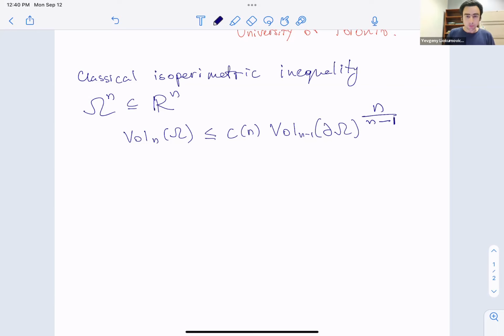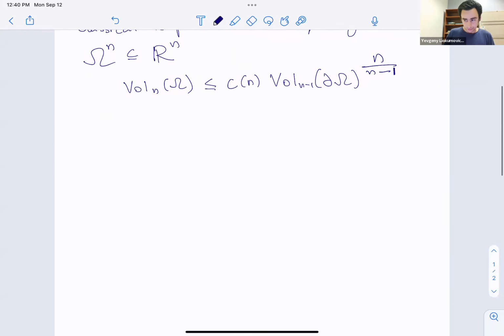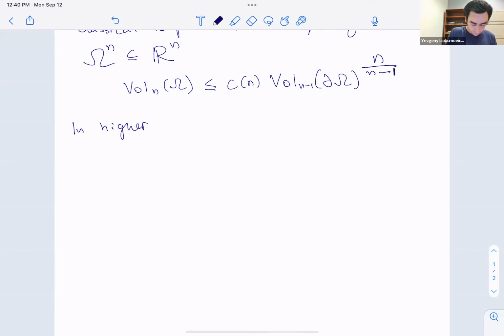I'm writing it in this form because we will be interested in asking for a similar inequality in a situation where omega is not a domain in R^n, but a submanifold of higher codimension. So in higher codimension, we can ask for an inequality that looks kind of like this.